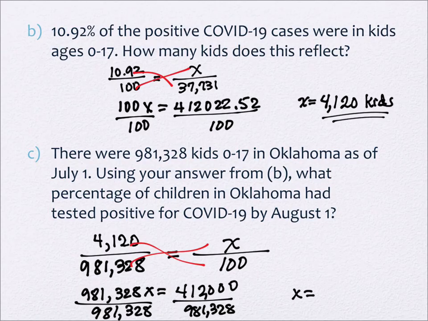And if we do this division, it should sort of look reasonable. I've got about 400,000 on top, and almost 1 million on bottom. So this number should be less than 1 for sure. It's definitely not close to 1% because the top and the bottom are nowhere near close to one another. And if you divide them, and again use 2 decimal places, it's 0.42%.